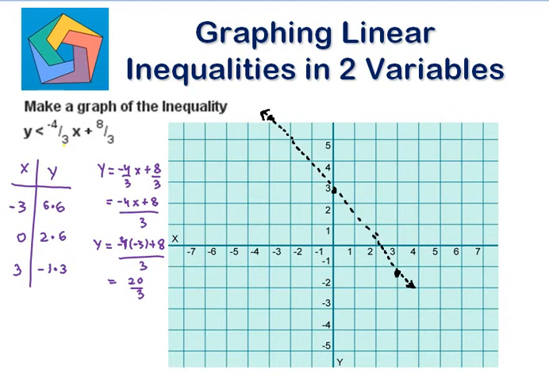Now let's test the region. Let me take 0 comma 0. So I can say 0 is less than minus 4 by 3 times 0 plus 8 by 3, or we can say 0 is less than 8 over 3, which is true. So we will shade the region which is downwards.